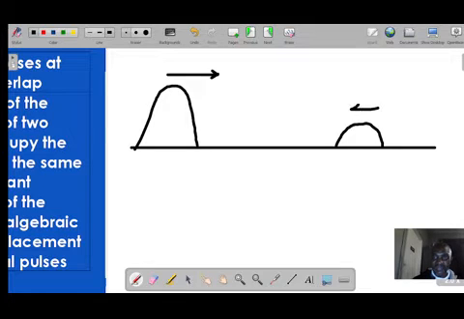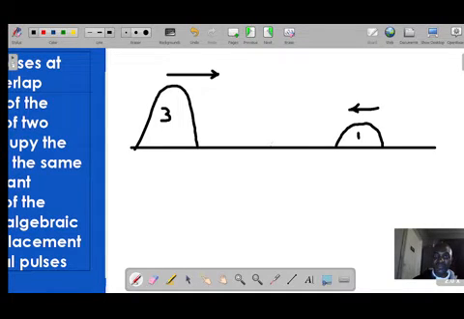Now if this one has an amplitude of, let me say, 3 meters, from here to here, and this one has an amplitude of 1 meter.